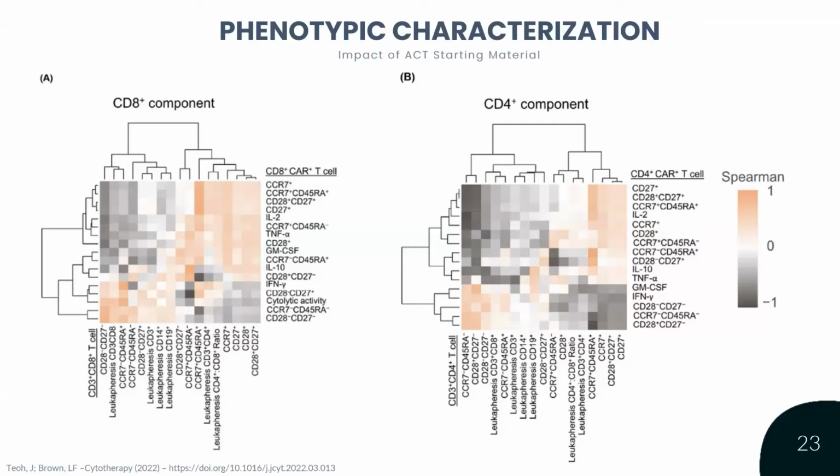So for the stats nerds out there, what this is measuring is how well one quality of your incoming cells correlates with some of the other outgoing phenotypes of your modified CD8 positive, CAR positive T cells.